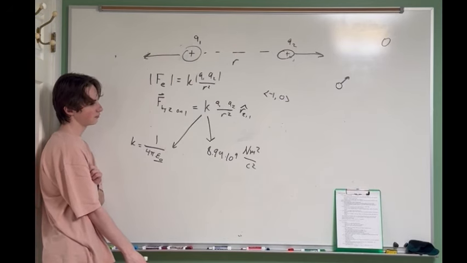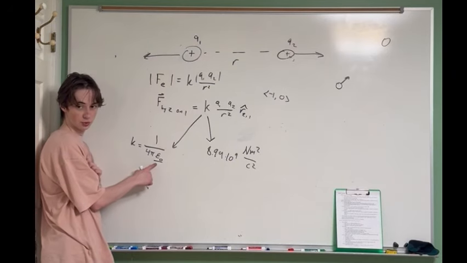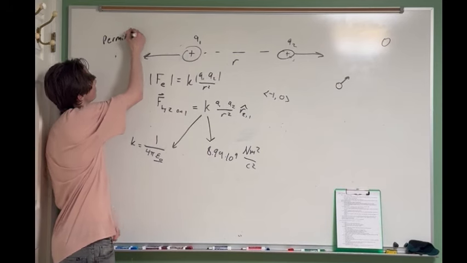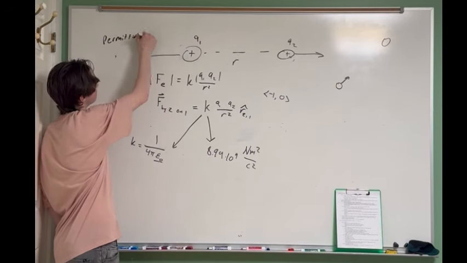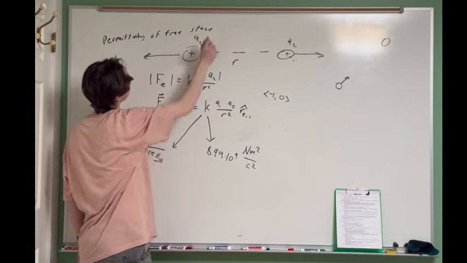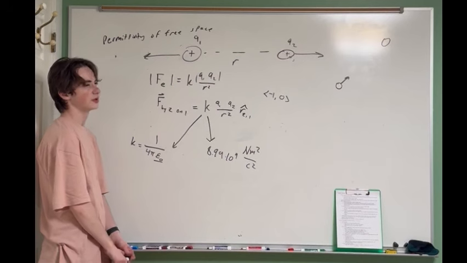The permittivity of free space sort of represents the relationship between the speed of light and the electric force attraction. Some people say permittivity in a vacuum.